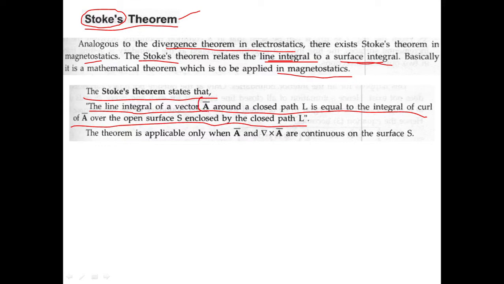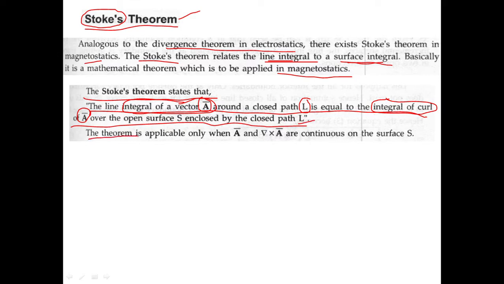The integral of vector A around a closed path L is equal to the integral of the curl of A over the open surface enclosed by the closed path L. This is a statement of Stokes theorem.